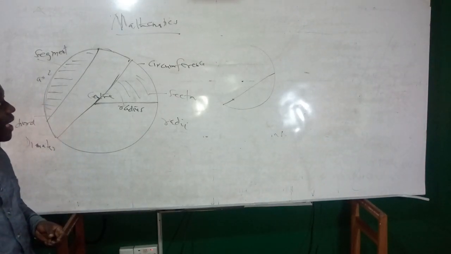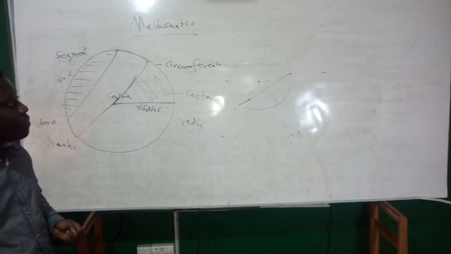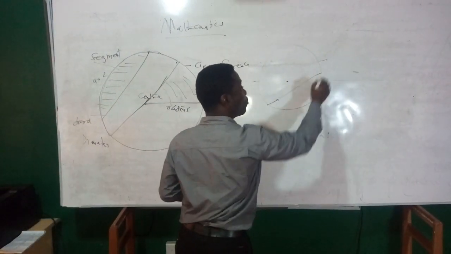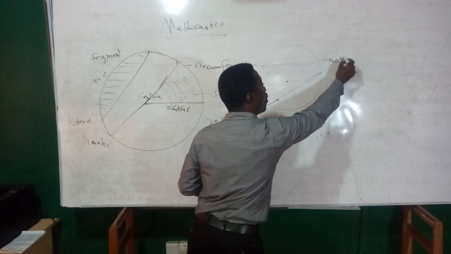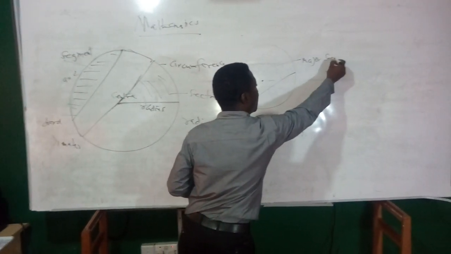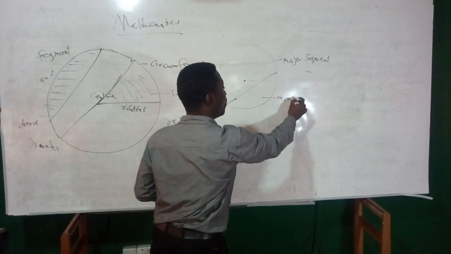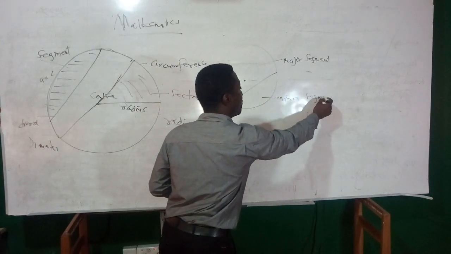The bigger one, in this case this particular one, is what you will normally call your major segment, and the smaller one will naturally be your minor segment.